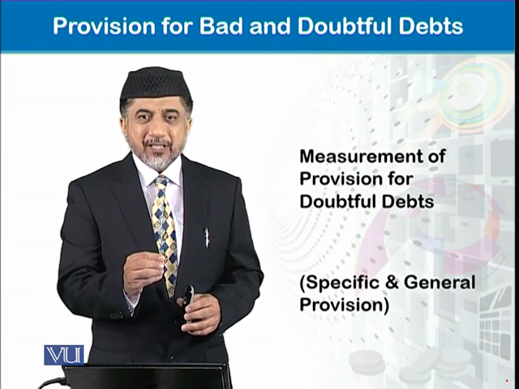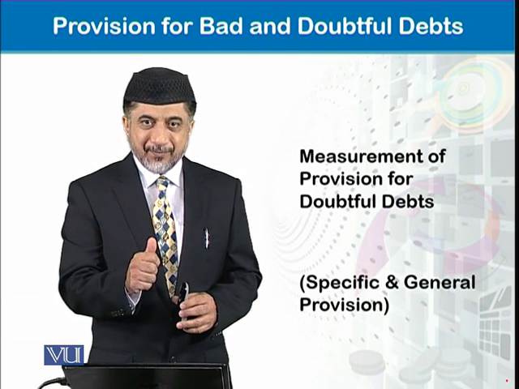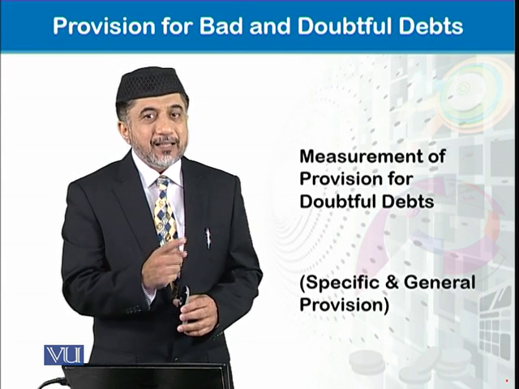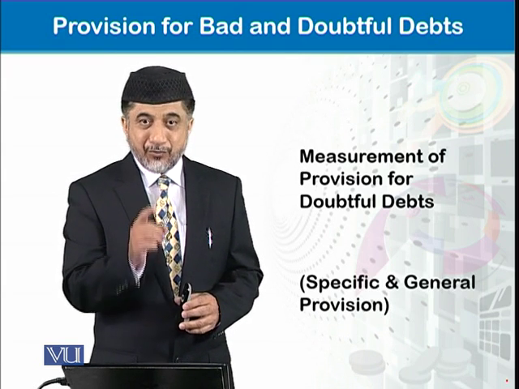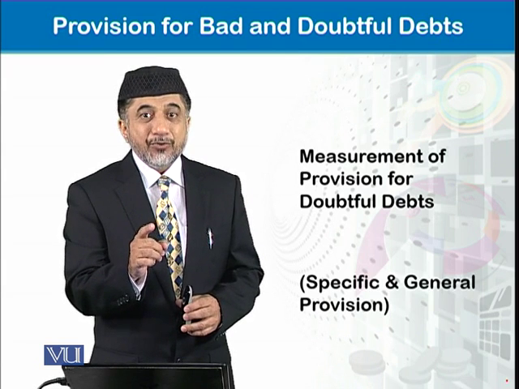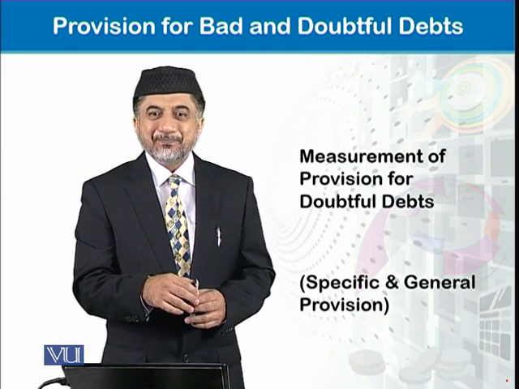So these provisions are contra to asset. Got it? In the same way, provision for depreciation is contra to asset. These are not liabilities. If you consider or recognize it as liability, it would be a big sin in accounting. So be careful.